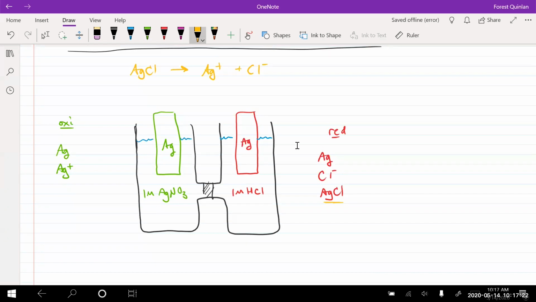The first is you just drop some in there. So you could just drop some AgCl in the bottom. It just has to be in there for this to work.